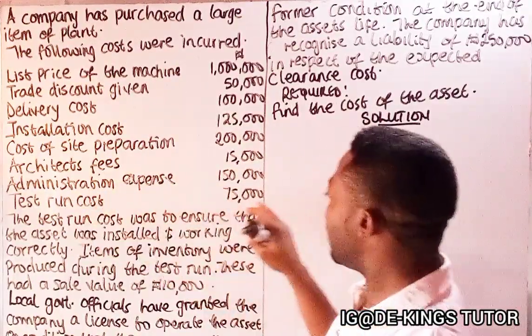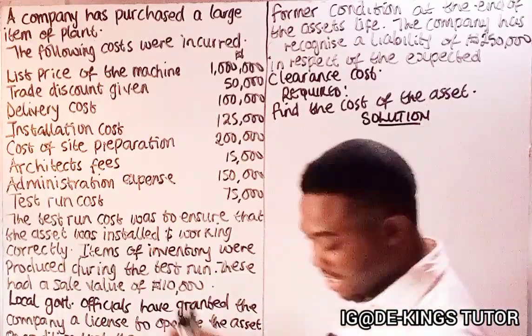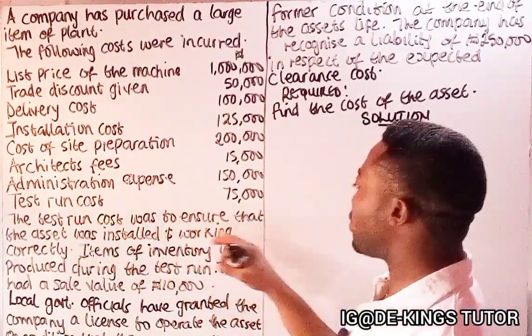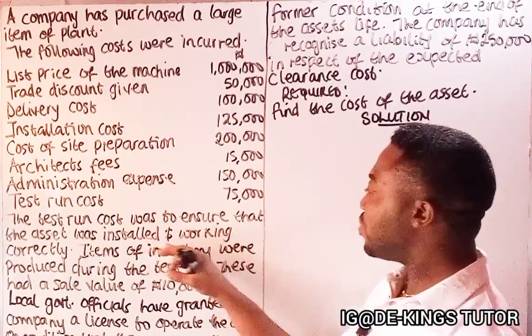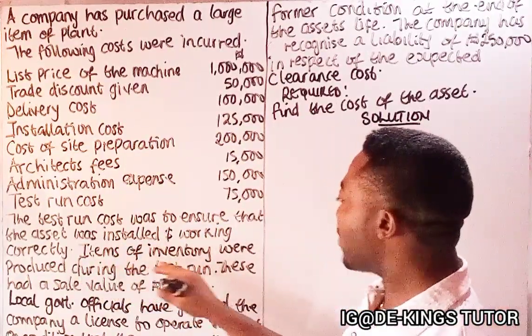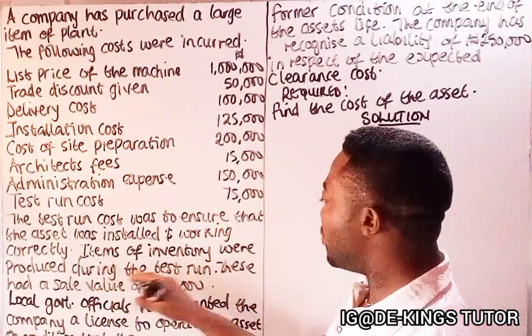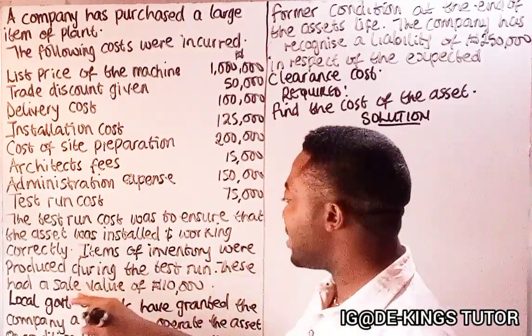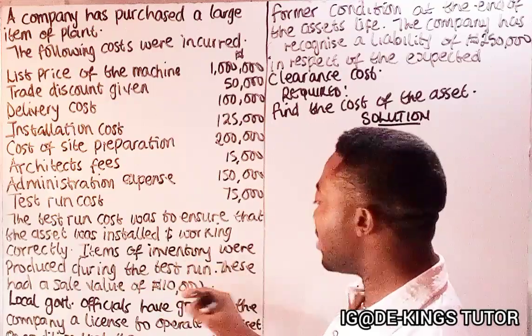Test run cost 75,000. Now they said the test run cost was to ensure that the asset was installed and working correctly. Now, the items of inventory that were produced during the test run had a sale value of 10,000 naira.